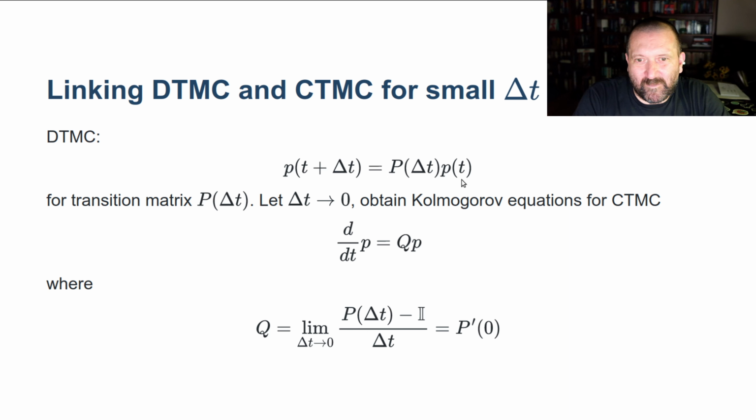The discrete time Markov chain takes this form, and if you let delta t go to 0, you get the forward Kolmogorov equation for the continuous time Markov chain, through the transition matrix this way.